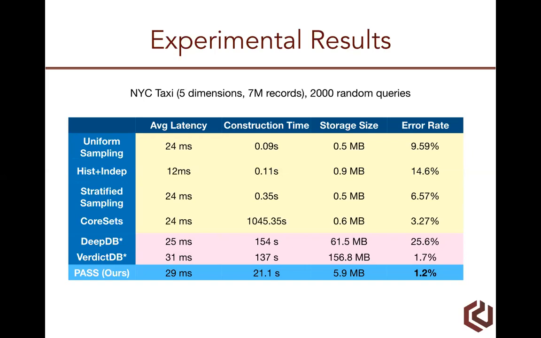What we find is that our synopsis structure, the simple idea of doing a KD tree-like partitioning to construct a high-dimensional histogram, not only outperforms in terms of storage size, it also gives us the lowest error compared to everything that we're using.